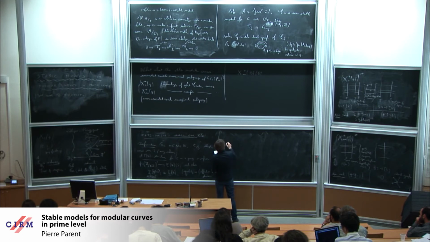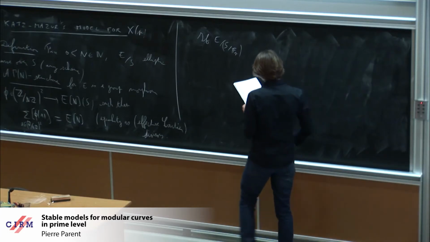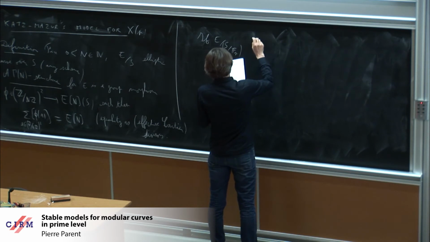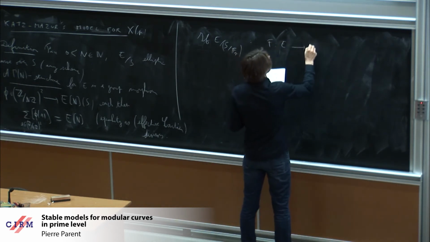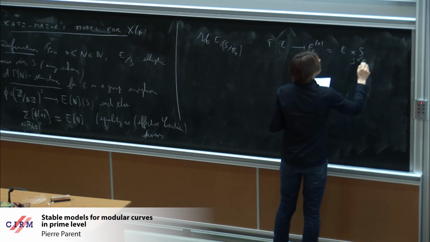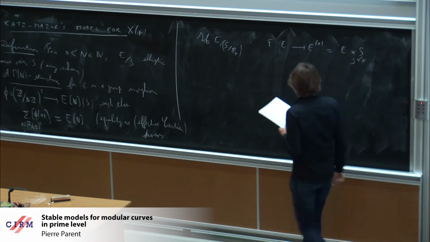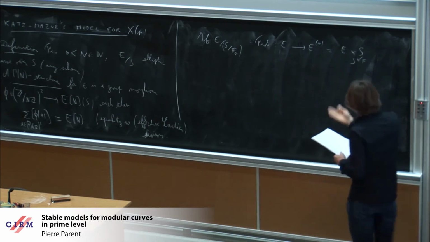Because, let me recall that if one has an elliptic curve over S, which is an F_p scheme, then we have the Frobenius isogeny. Perhaps I would call it Frob, as I did on the first blackboard.